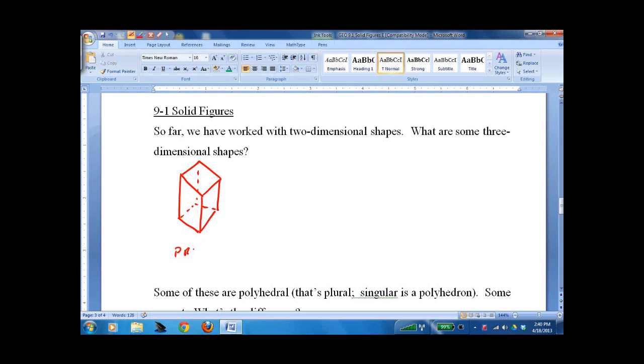We don't call it a box, we call it a prism. We could also have a similar thing where we have a circular cross section. So this would be called a cylinder. We could also do a triangular prism.